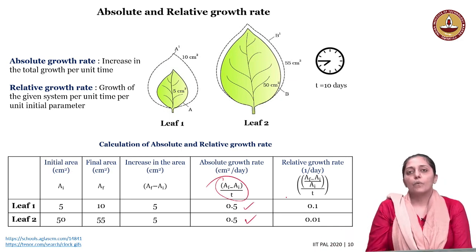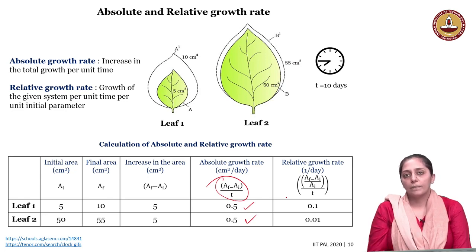Now, if we want to compare the growth in the two leaves, because the initial size is different, absolute growth rate may not be the right way to make comparisons. Hence, in order to normalize the difference in the initial values, we make use of another parameter which I just mentioned, which is called as relative growth rate, which will take into account the variation in the initial values of the parameter.